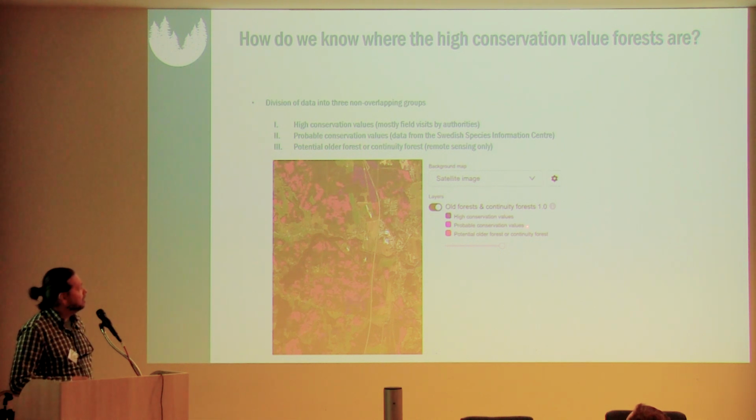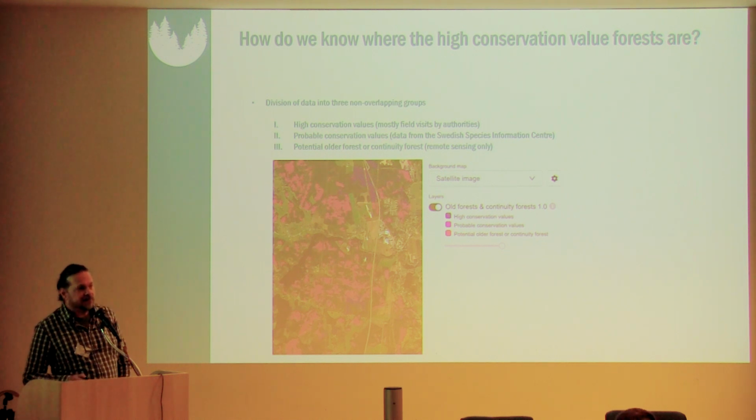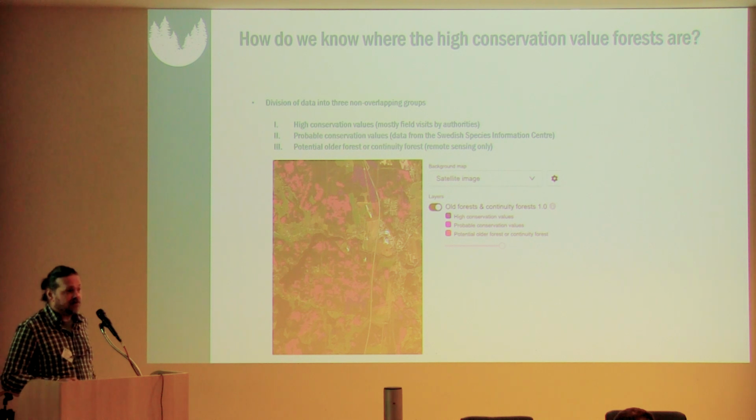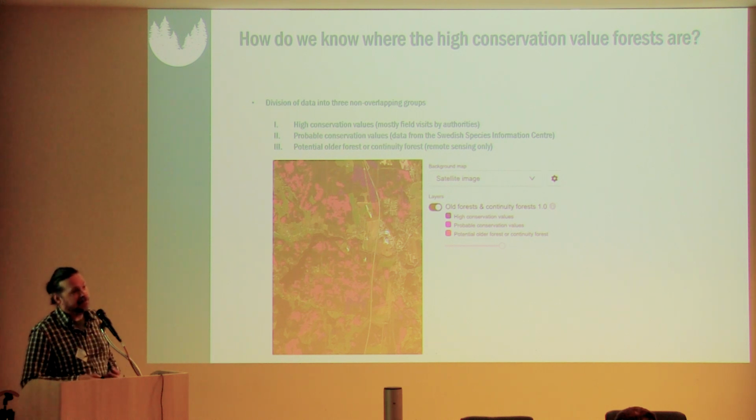We have one class in the middle called the probable conservation values. And in Sweden, we have something called the Species Information Center, which is a huge database with species finds, with coordinates. So we take this whole database, and then we look at where these finds have been done in the landscape.